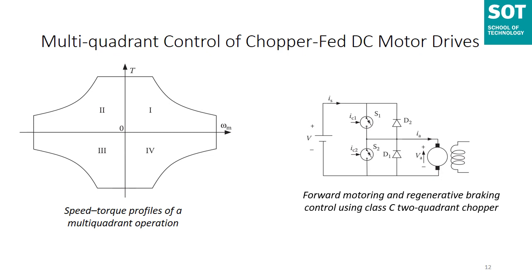Now we can make use of the diode D2, and then we can see that the armature current and source current both can become positive.